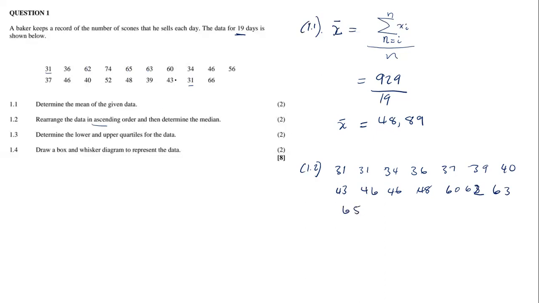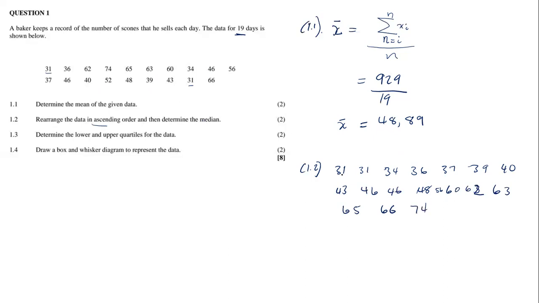After 65, what comes? 66. Basically, you have to do this, guys. Did I include 56? Because I see 56 here. So 56 will be between 48 and 60. Yes, there will be 56. And then 74.